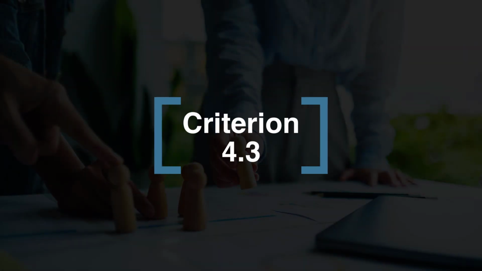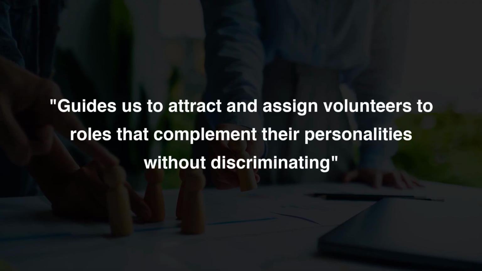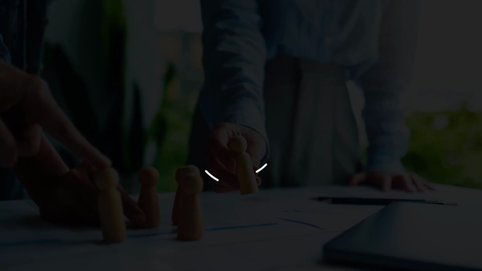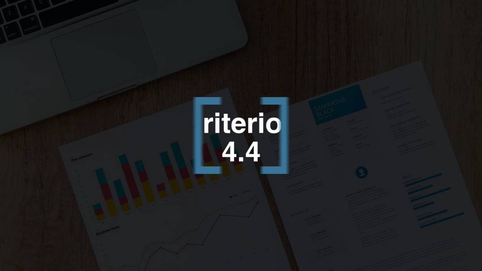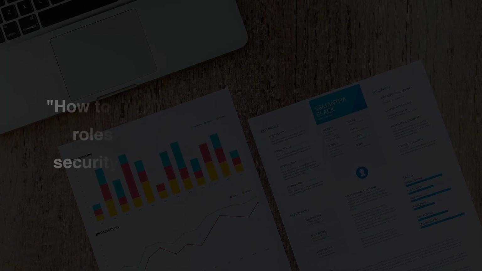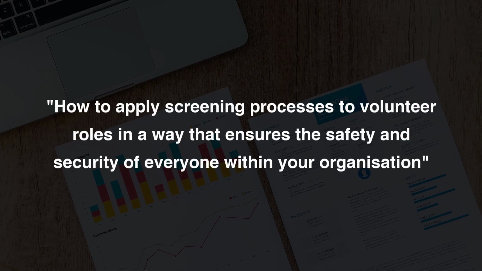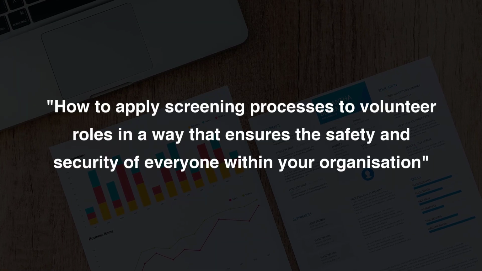Criterion 4.3 guides us to attract and assign volunteers to roles that complement their personalities without discriminating. Evidence of this should be found in your documented selection process and efforts to comply with any anti-discrimination legislation. Finally, Criterion 4.4 outlines how to apply screening processes to volunteer roles in a way that ensures the safety and security of everyone within your organization.